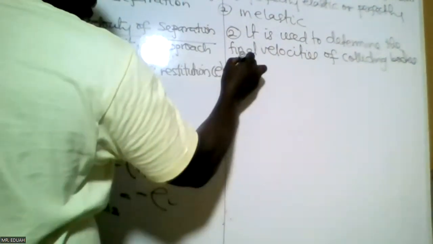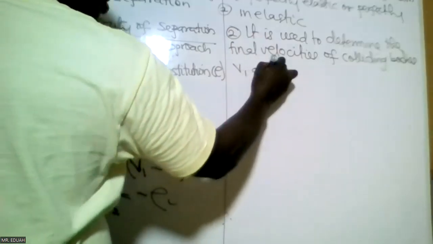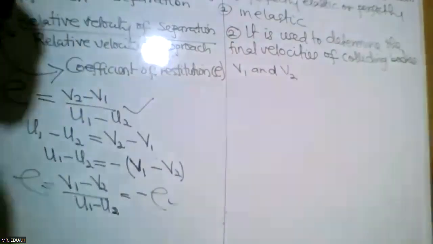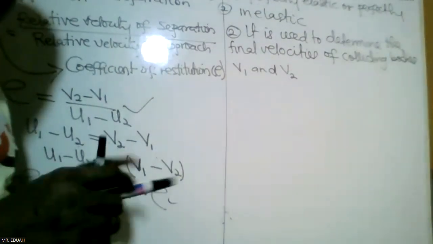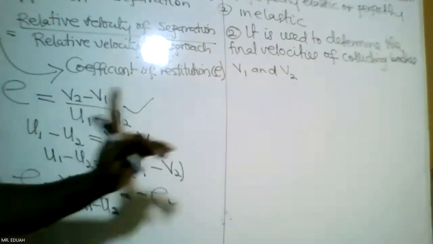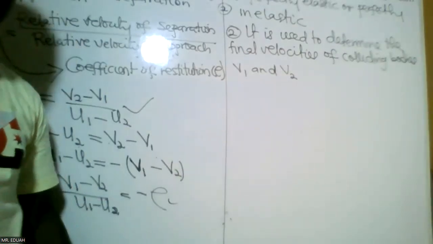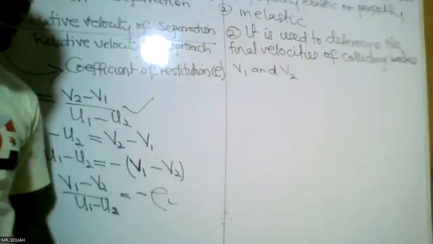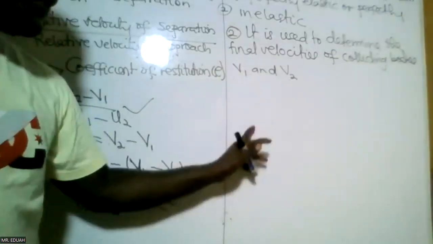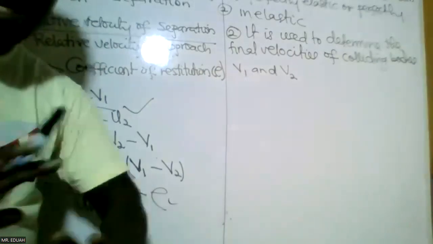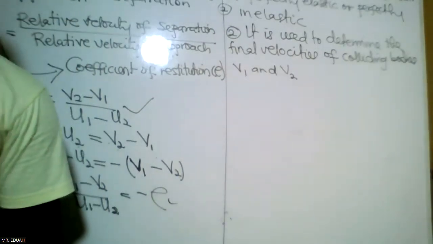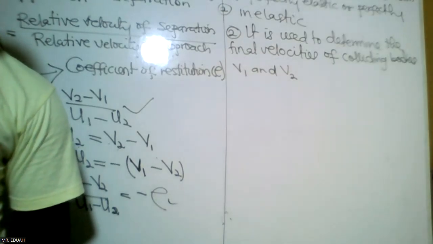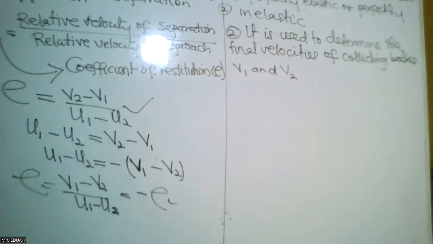We use that to determine V1 and V2 easily. Look at the ordeal we went through when we were using the simultaneous equation involving one linear and one quadratic, and we couldn't even get it. But when you use the coefficient of restitution method, you get it easily.